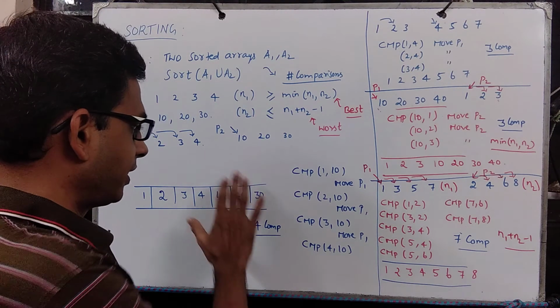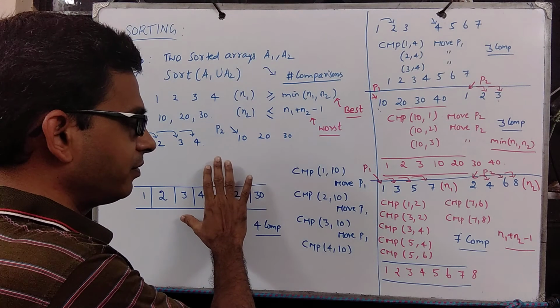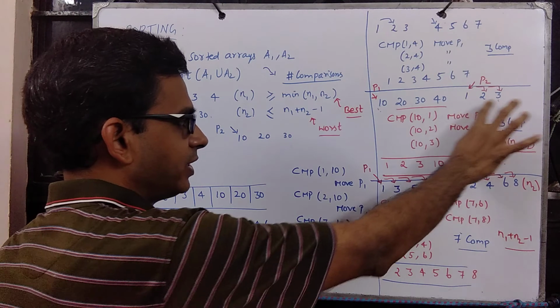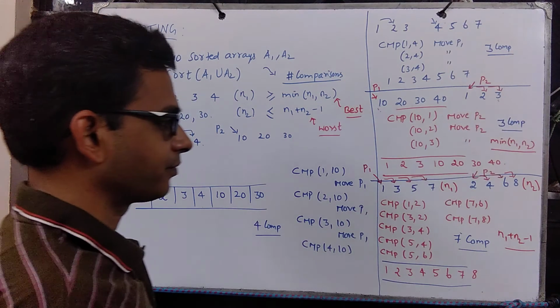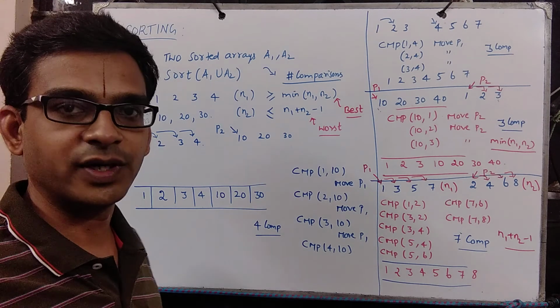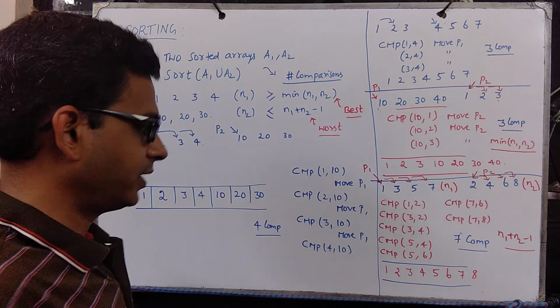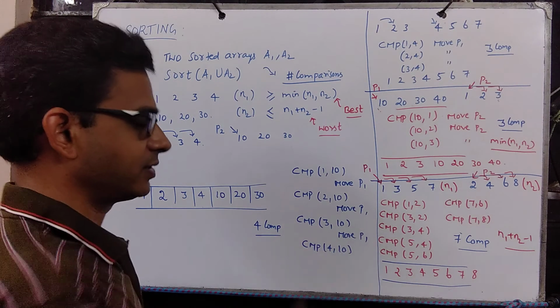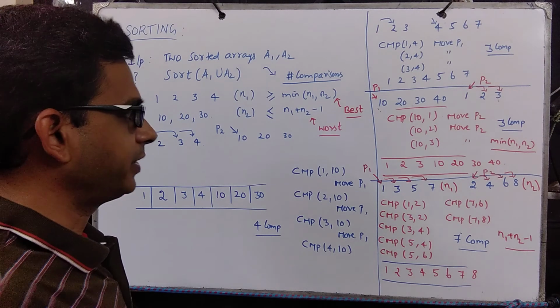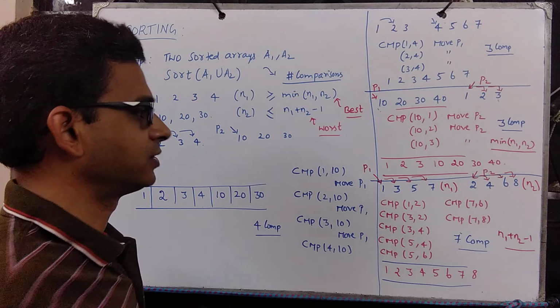Now, minimum you get to see when the pointer movement is only on one side. Maximum we get to see when it alternates. That's really what we want, right? And here is one interesting case study that takes maximum, and for an arbitrary input it is between this and this.